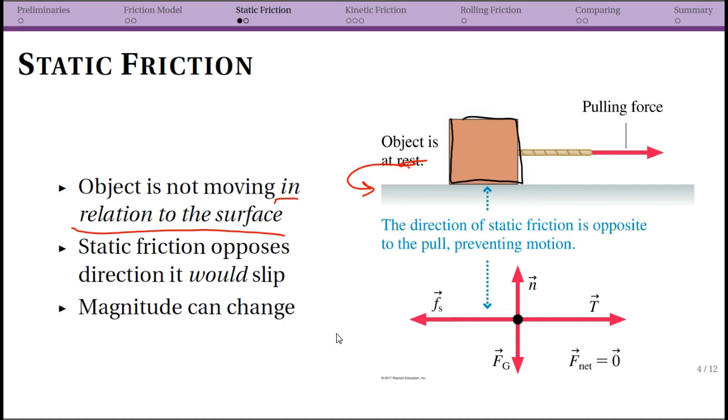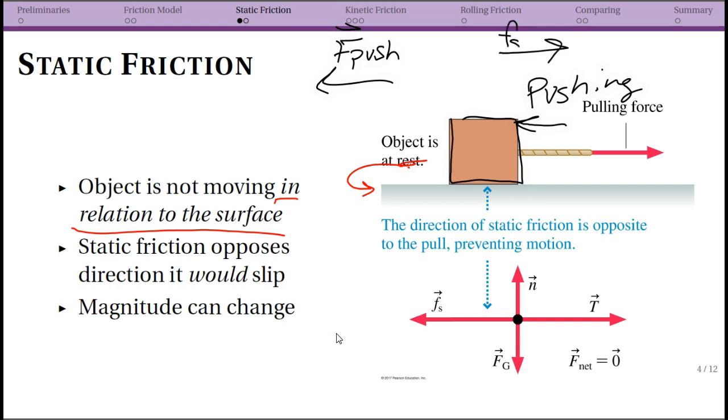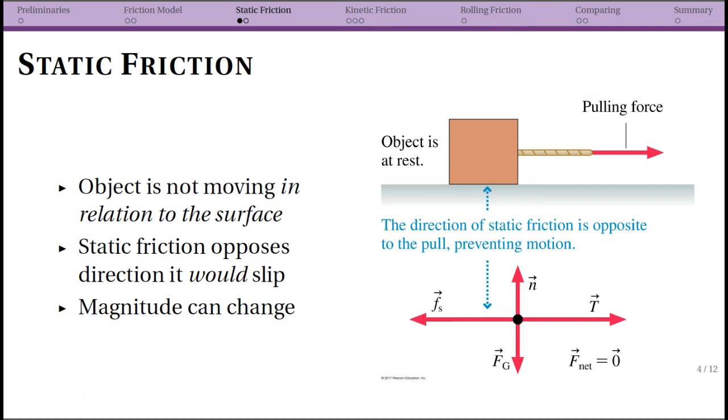But now, what if I had a different scenario where I was pushing from the right? Well, now, if I'm pushing from the right, that means that my push force is acting to the left, and now static friction must actually be to the right. So static friction doesn't always act in the same direction. It's just a question of what direction you need to prevent it from slipping.